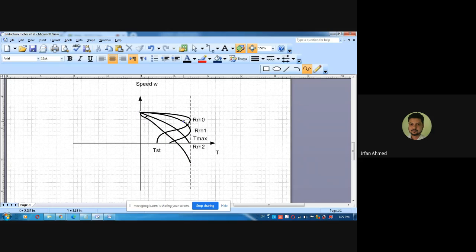In that case, you will get something like this. So this is the characteristic with some rotor resistance RH3.